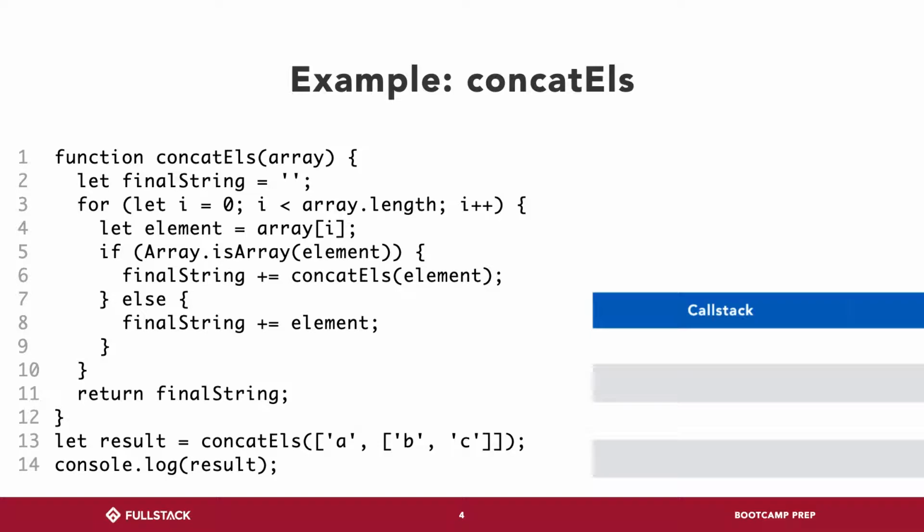We write this function. Concat_L takes in an array, same thing, let final string equal this. This is the thing we will be returning. Then you do a for loop. You loop through the array in the same way, but you pull out the element and you check Array.isArray of element. If it is, you say final string plus equals concat_else of element.